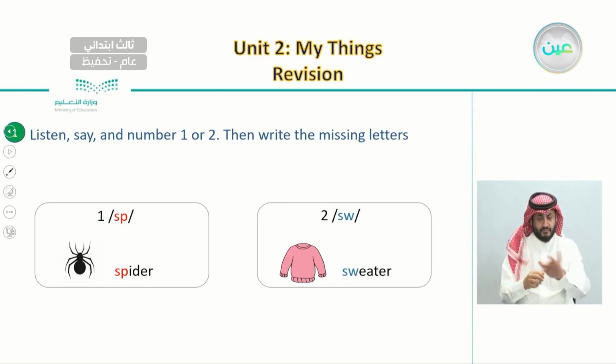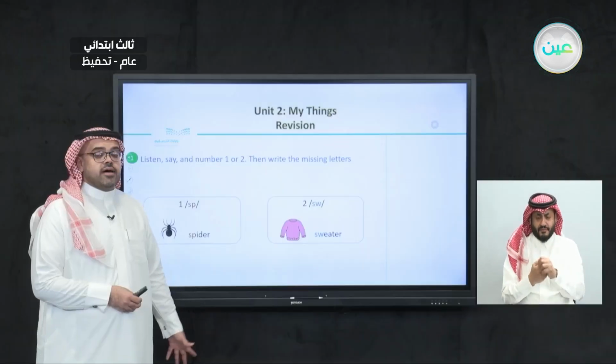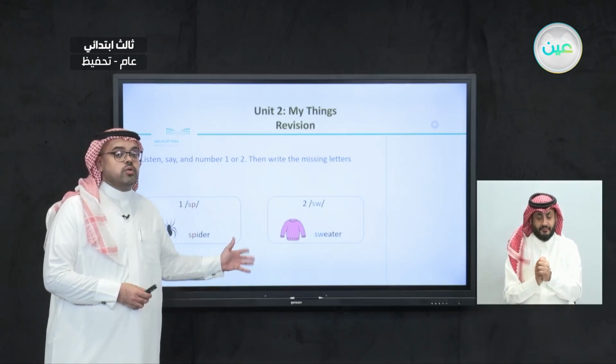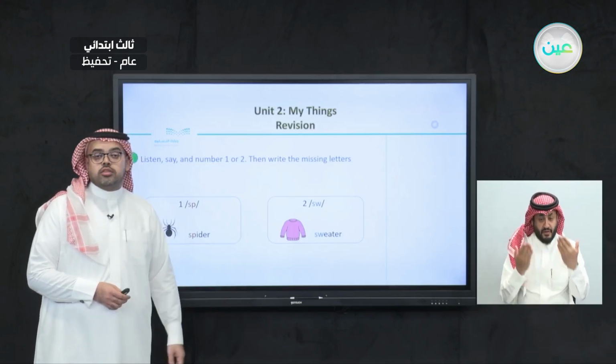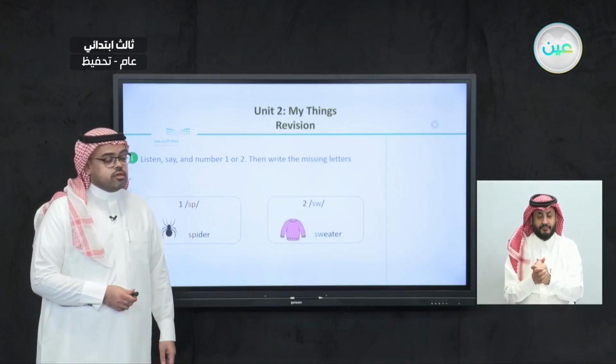Spider. And the second sound that starts with S and W is sweater. Sweater. Spider, sweater. So these are the two sounds that we are going to study and did study before in this lesson.